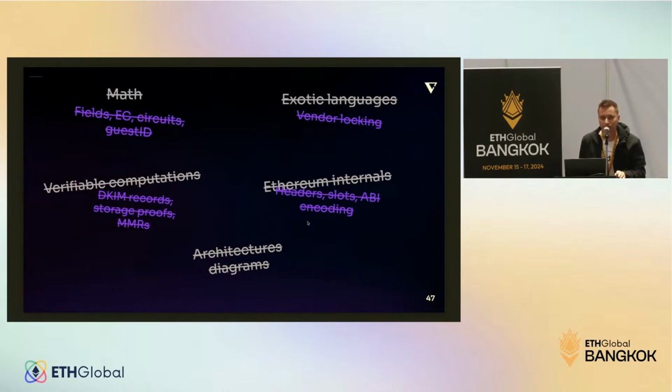You don't need to know cryptography, what prime fields and elliptic curves are, you don't need to learn new languages, or what circuits and guest IDs are, and all that stuff. You don't need to know what DKIM records are, what storage proofs are, or Merkle mountain ranges. You don't even need to deeply understand how Ethereum works, what the headers are, or how slot calculations work.